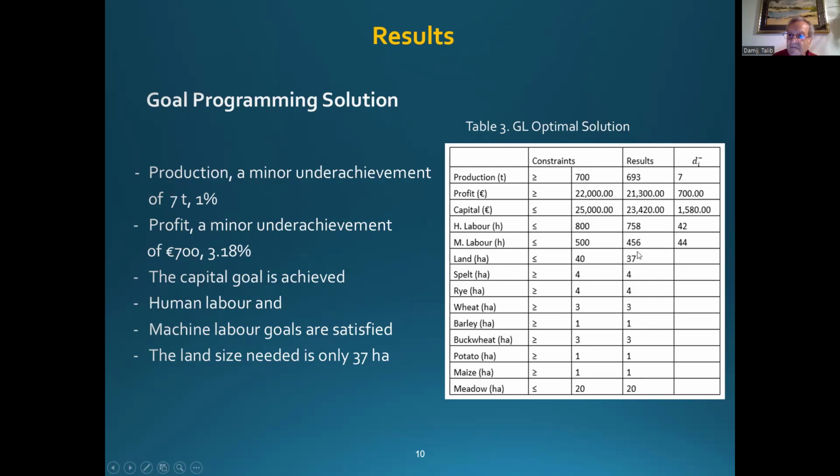So the owner has extra 3 hectares to use for other things. And again, in the last 8 rows, we show the optimal yearly farming plan obtained from the goal programming method.